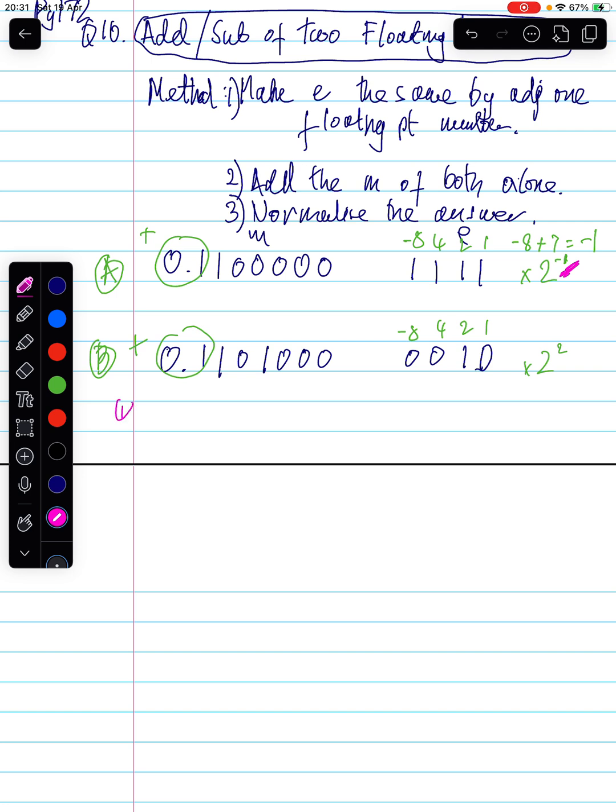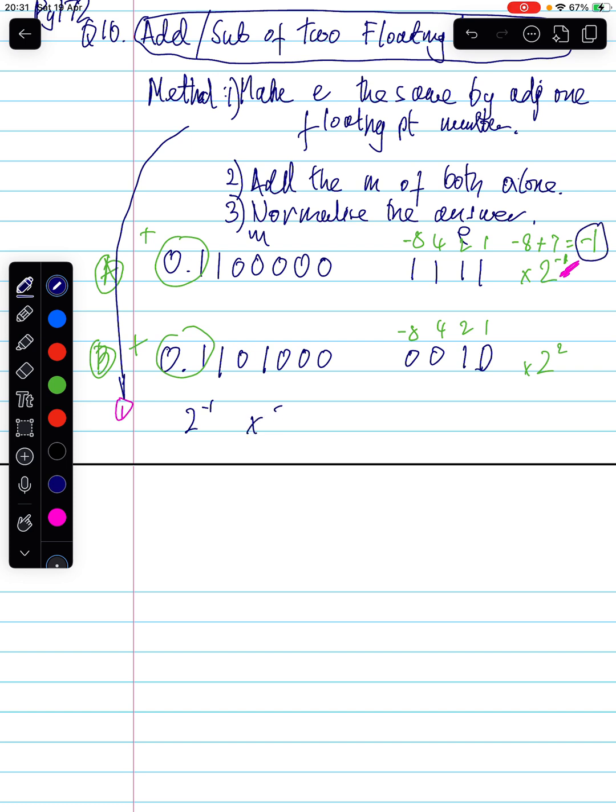We're doing step 1 of this method. Let's think about the powers. That is the power that we have here.